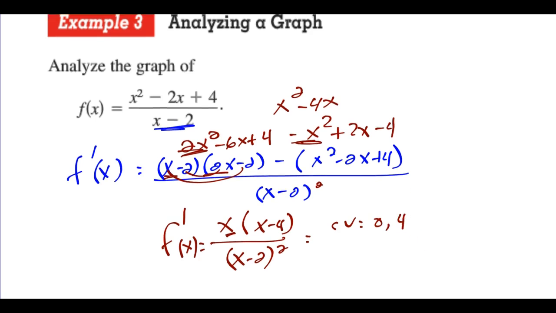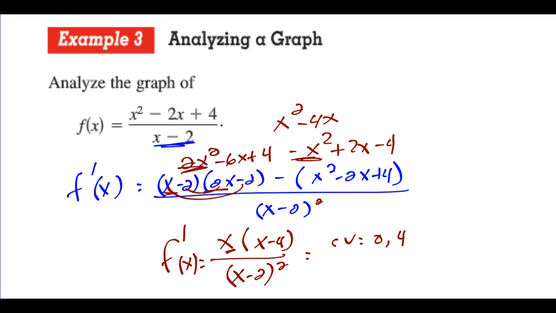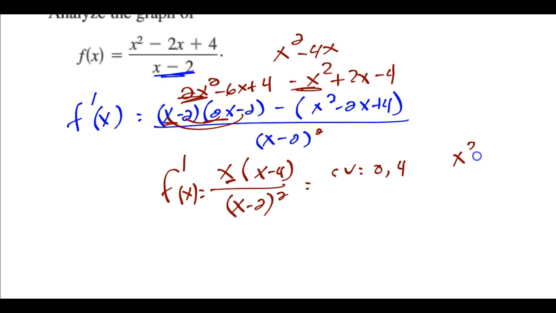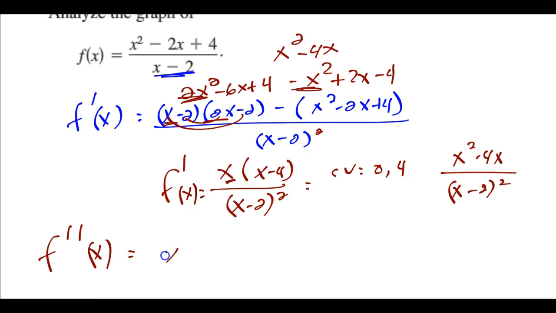But before you find the second derivative, I would probably put this back into x squared minus 4x form, because that would be a little bit easier to do the second derivative. But it's still terrible. Low d high minus high d low.